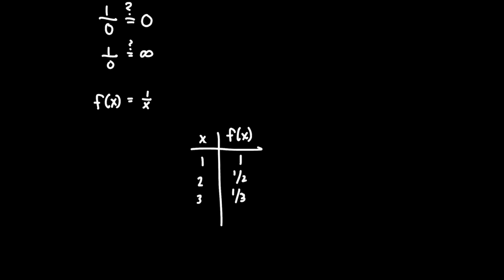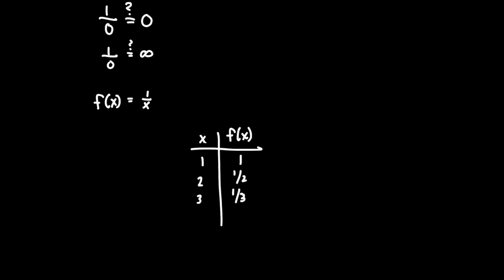This can also be seen when comparing 1 to 2. Our input, 1, is less than 2, but our output, 1, is bigger than 1/2. So, by this logic, if we plug in numbers that are smaller, or in this case, that get closer to 0, our output should get bigger and bigger.